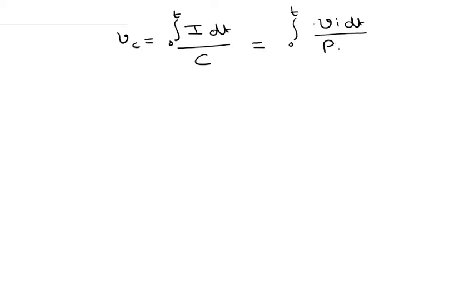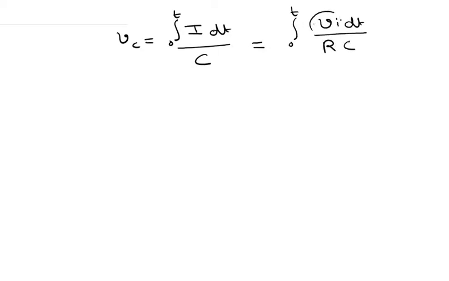Okay, so if I is approximately equal to Vi divided by R, then the voltage across the capacitor Vc is basically integral of 0 to t I dt divided by C, and I, as we noted, is Vi divided by R, so this one becomes integral 0 to t Vi dt divided by RC.